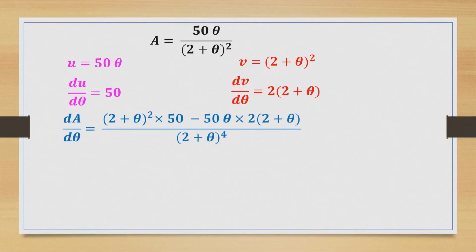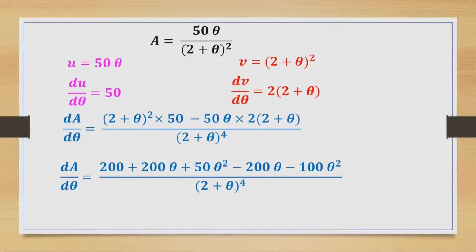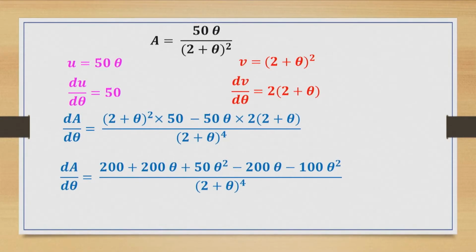Expanding the brackets and simplifying, I get dA by d theta equal to 200 plus 200 theta plus 50 theta square minus 200 theta minus 100 theta square over (2 plus theta) to the power of 4.